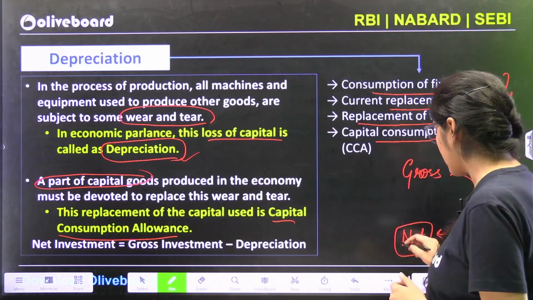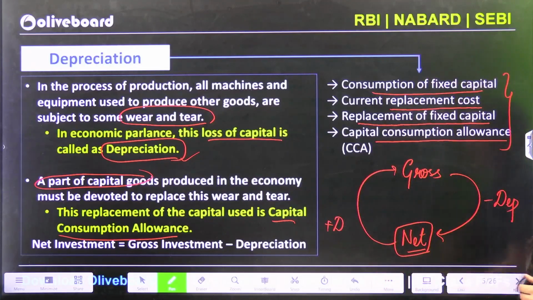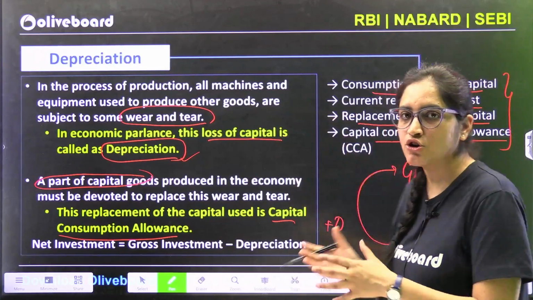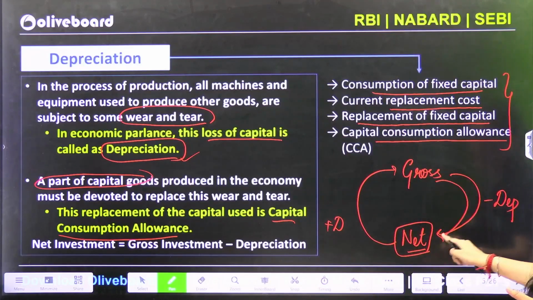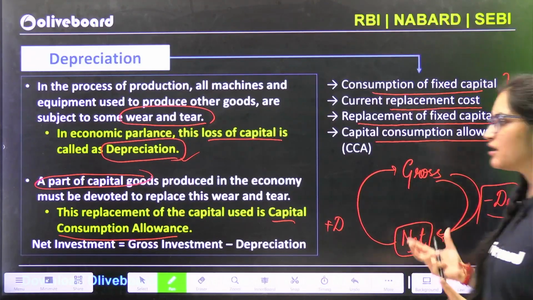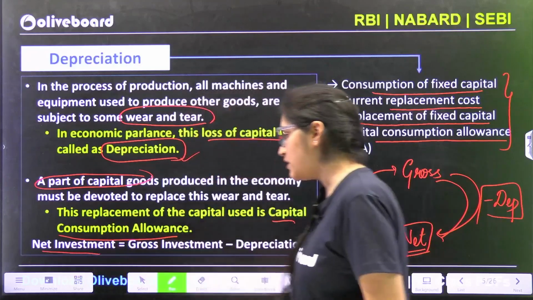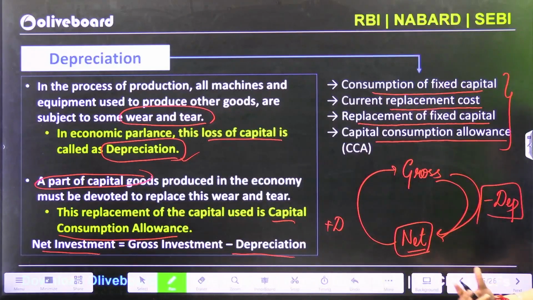Oppositely, when I add depreciation to net, what I get is gross. So, that is how depreciation is related to defining your gross and net. When I have to go from gross to net, I will subtract depreciation. This is nothing but a mathematical equation: net investment is gross investment minus depreciation, as simple as that.